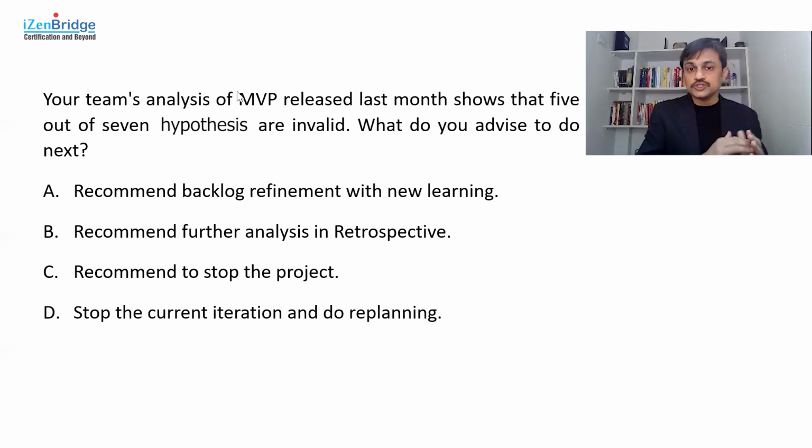So you had some assumptions, you were hoping this person will use it like this, and those kinds of people are not getting attracted to this particular MVP. Now, this learning is a place where we need to change our direction. We are not necessarily continuing the way we are working right now. It might result in stopping the project also.